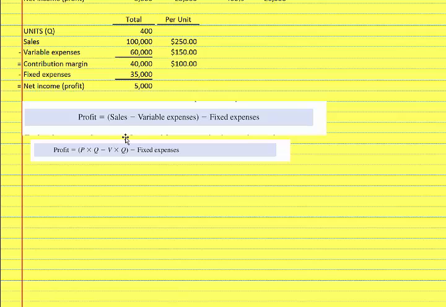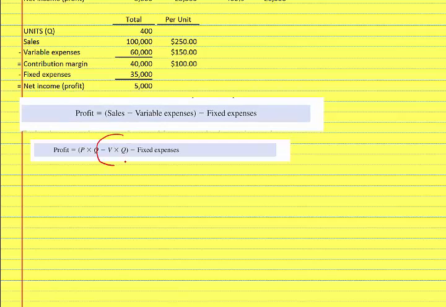And then the equation approach says minus variable cost per unit times quantity, and that's what we did. We said variable cost per unit times a quantity of 400 units gave us variable expenses of $60,000.